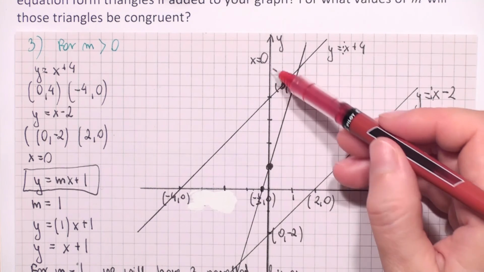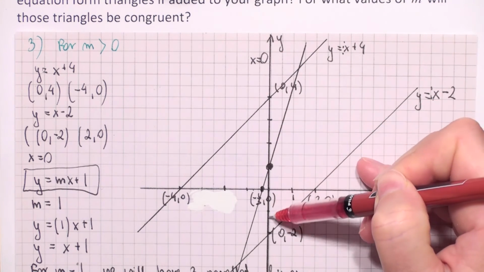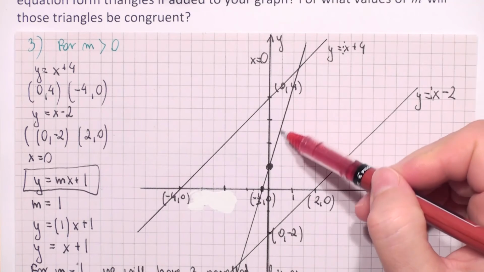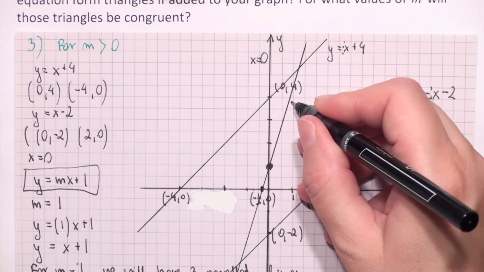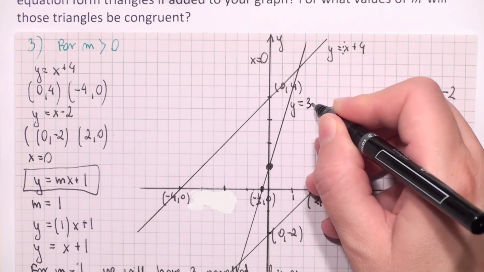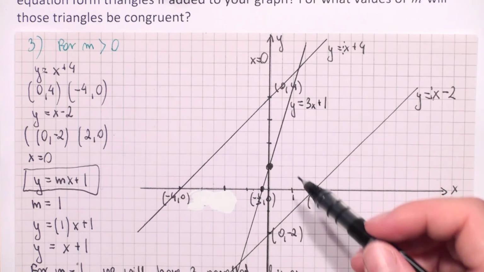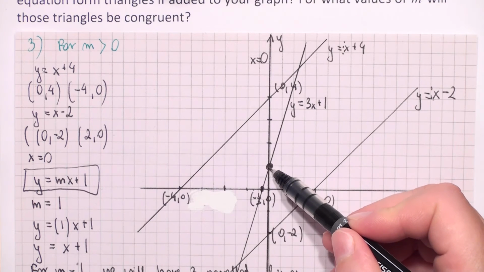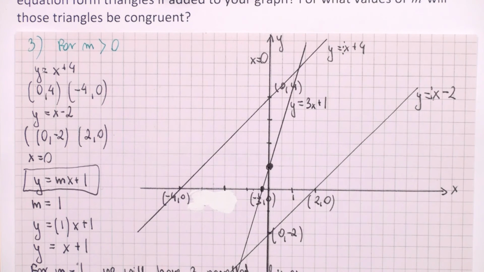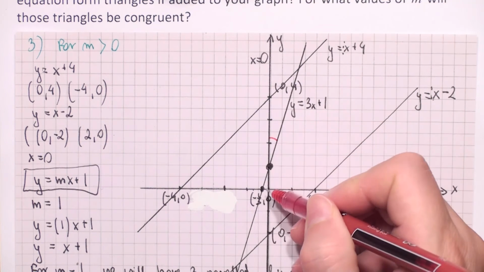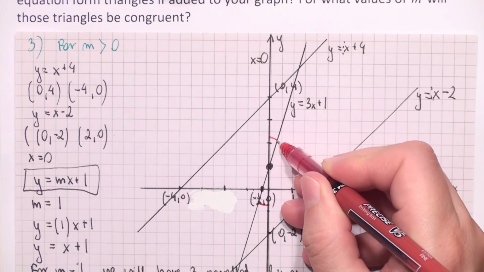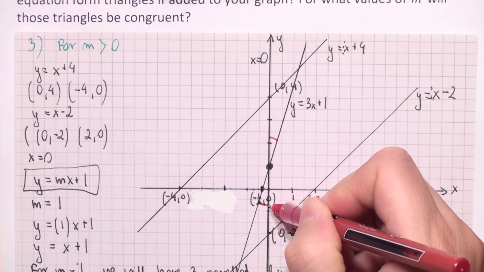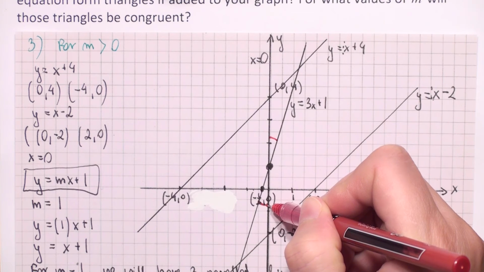We see that x equals 0 and our line y equals 3x plus 1 meet at this point. And we see that this angle and that angle are vertical angles. And we know that vertical angles are congruent.